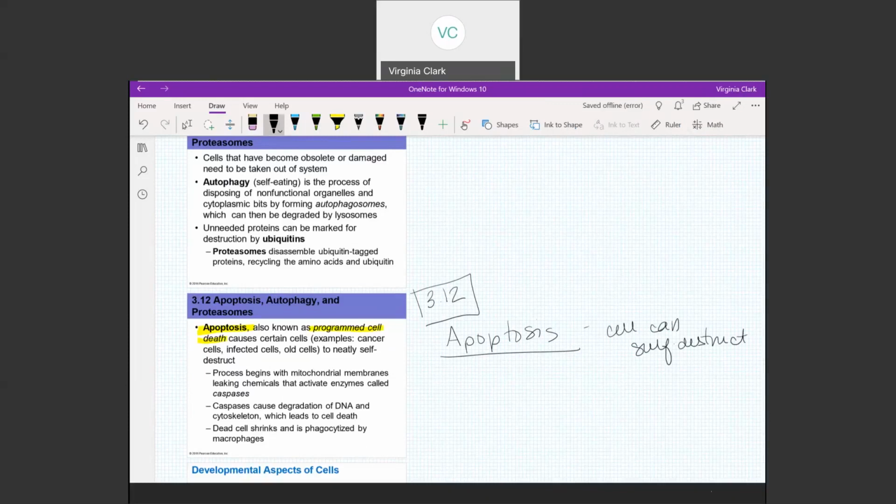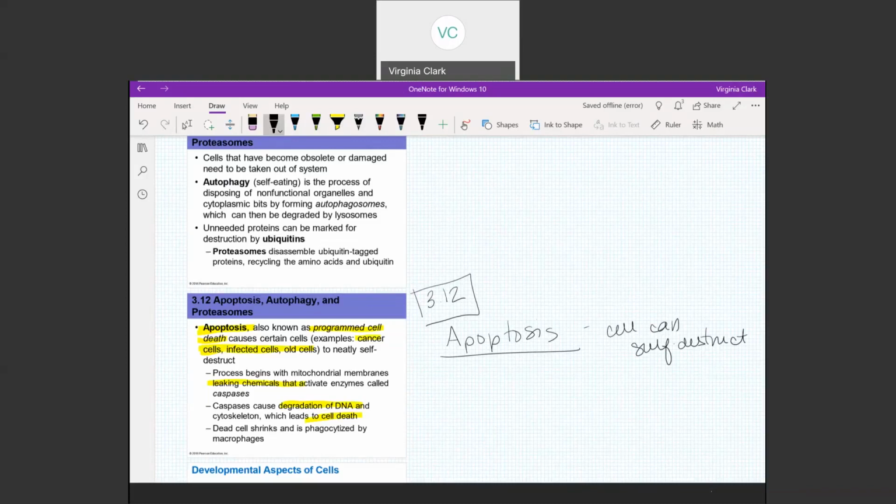So apoptosis knows when things need to occur. This is a good process for the cell to be able to self-destruct. Sometimes you want it for cancer cells, infected cells, or simply old cells, for them to just self-destruct. They're going to do this by leaking chemicals that essentially cause degradation of the DNA. That DNA degradation is going to lead to cell death.